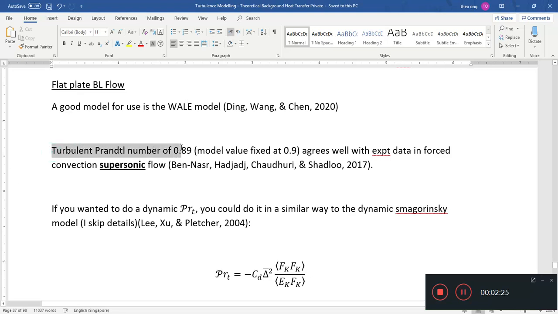For forced convection, most of the flows I found online were supersonic flows, because Reynolds-averaged Navier-Stokes may not do as good a simulation in that context. Supersonic flow is a special case of compressible flow, where the speed is more than the speed of sound in that medium. And a turbulent Prandtl number of 0.89 or 0.9 agrees well with forced convection in supersonic flow.